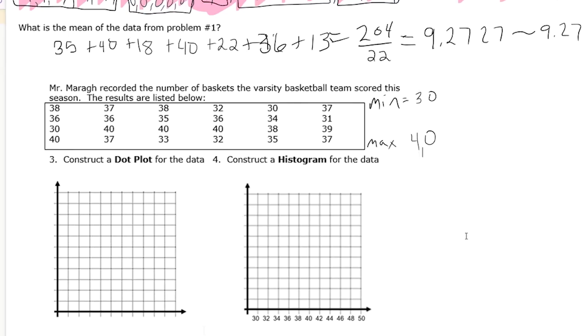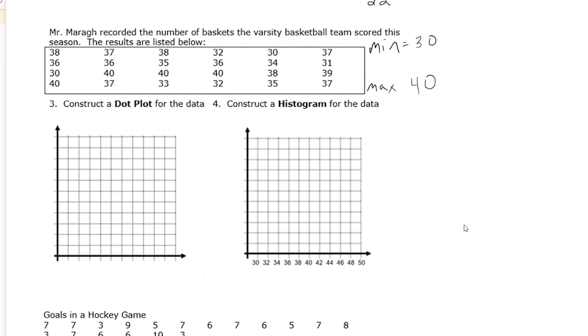Okay, so let's start counting. Let's go from 30. So 30, 31, 32, 33, 34, 35, 36, 37, 38, 39, and 40.